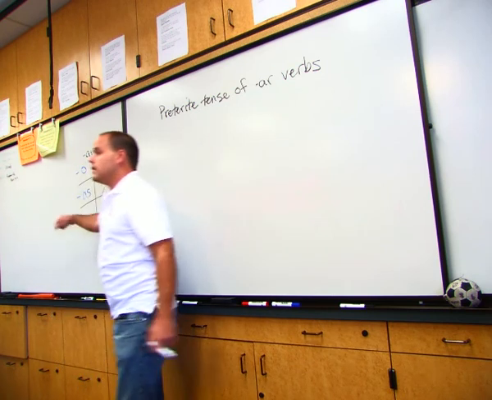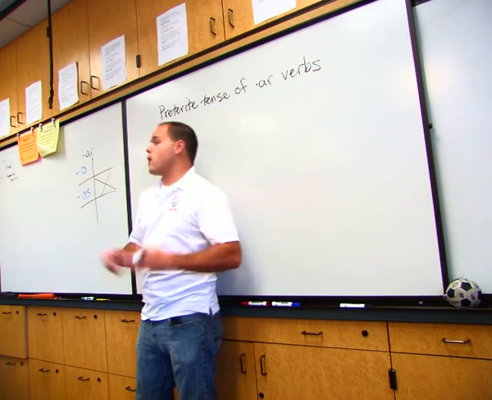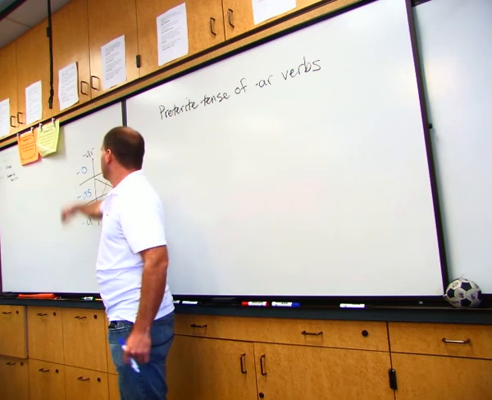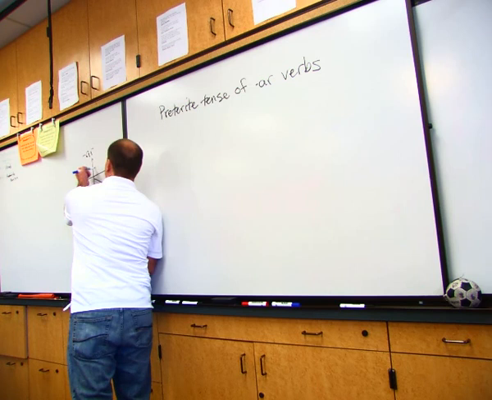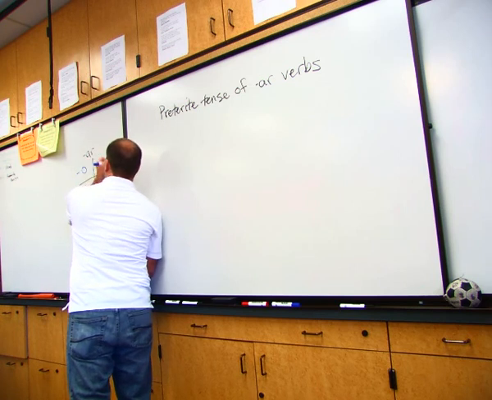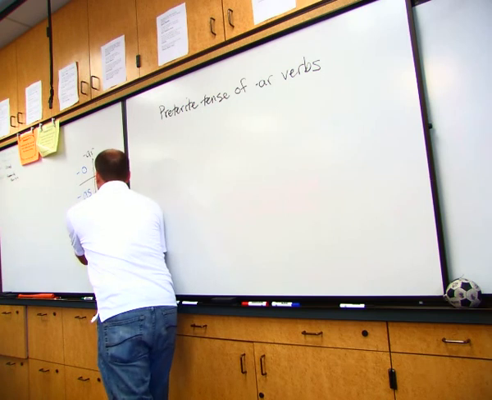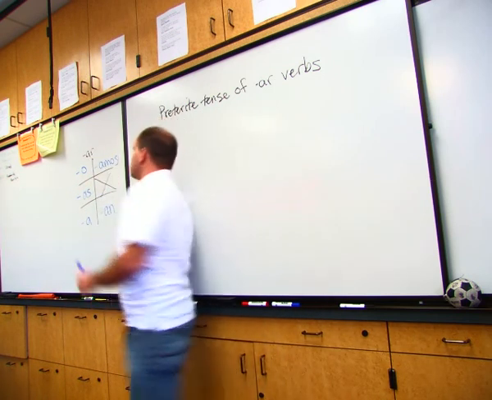In the él, ella, usted form, we normally drop the AR and add A. For nosotros, we drop the AR and add AMOS, and for ellos, ellas, ustedes, we drop the AR and add AN. This is your regular present tense.